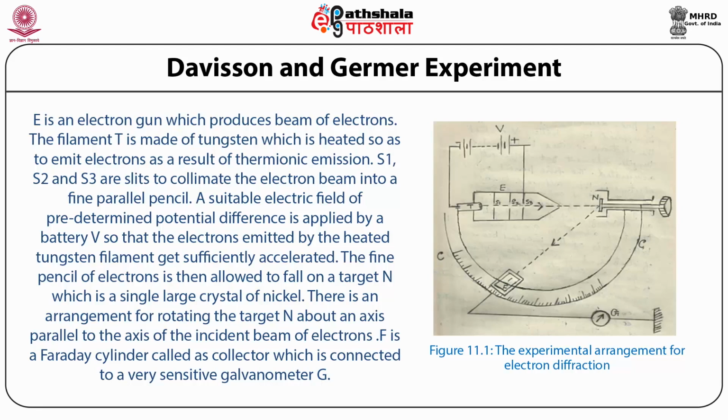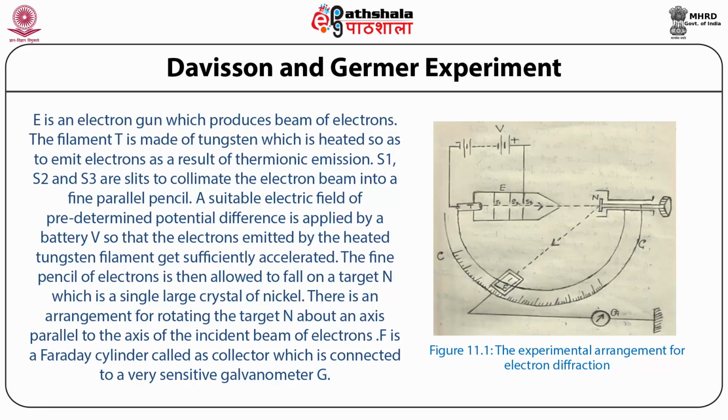A suitable electric field of predetermined potential difference is applied by a battery V so that the electrons emitted by the heated tungsten filament get sufficiently accelerated. The fine pencil of electrons is then allowed to fall on a target symbolized by N, which is a single large crystal of nickel. There is an arrangement for rotating target N about an axis parallel to the axis of the incident beam of electrons.